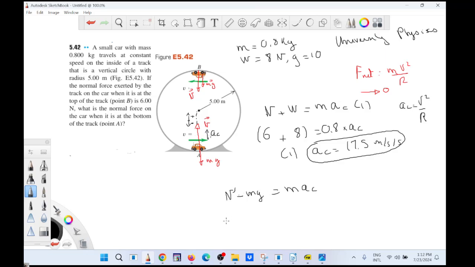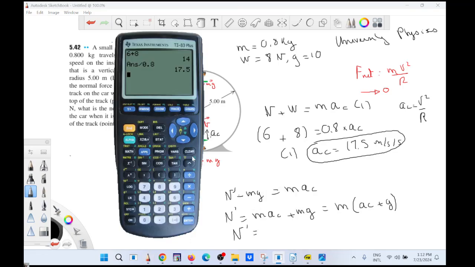That will be N prime. So N prime equals mass times acceleration plus mg. So that's going to be the same as that, right? Or you can do mass times a_c plus g.